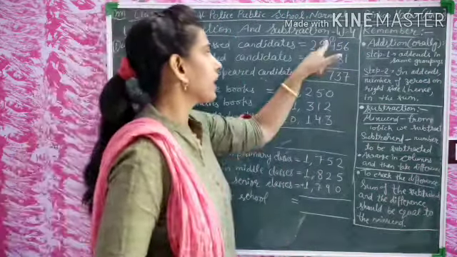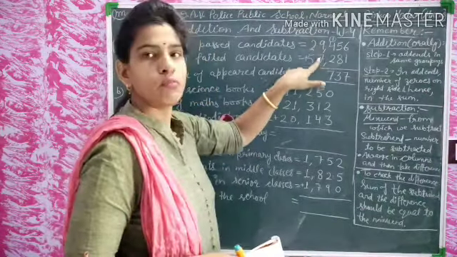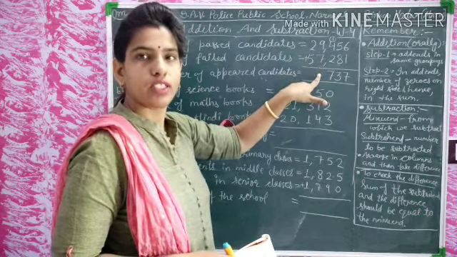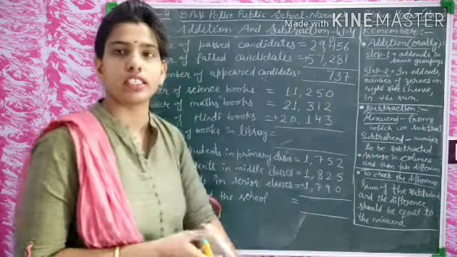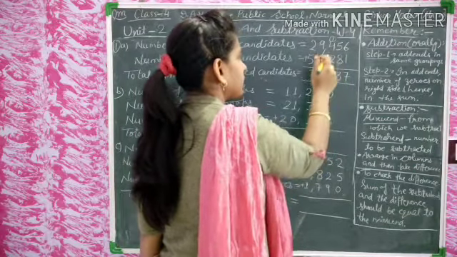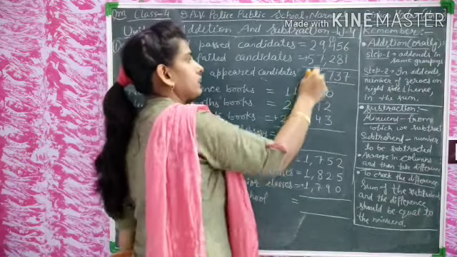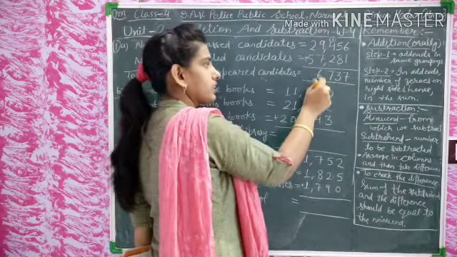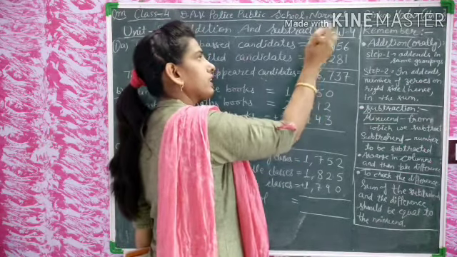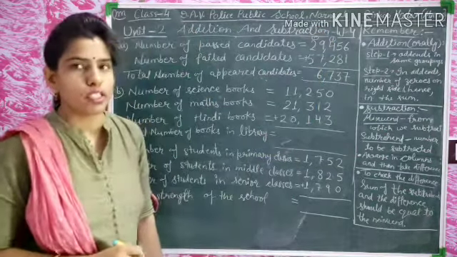Now we are adding the thousands place digits. How many thousands are there? 9 thousands and 7 thousands. 9 thousands plus 7 thousands equals 16,000. And in 16,000, 6 is the thousands, but 1 is the 10,000. So 1 is carried to the 10,000s place digit.